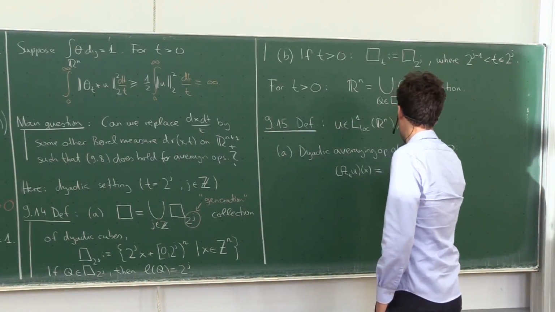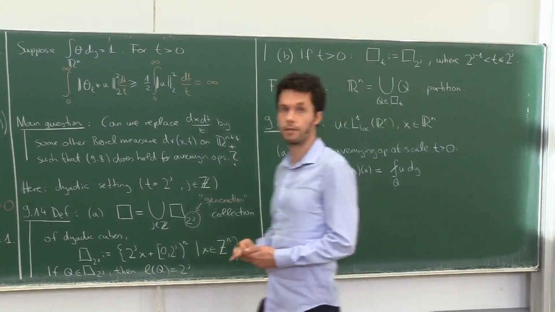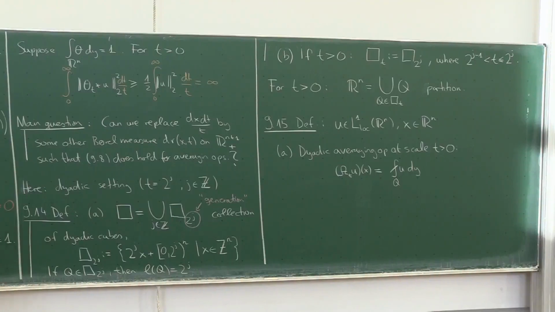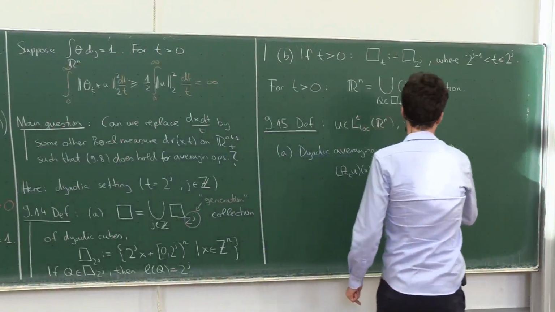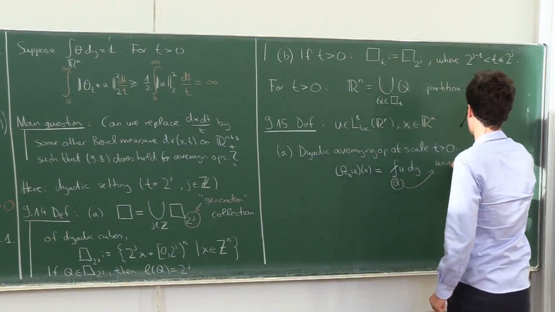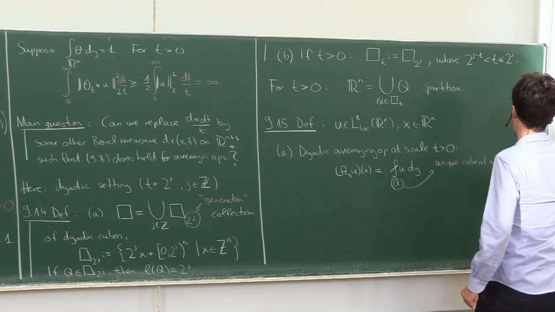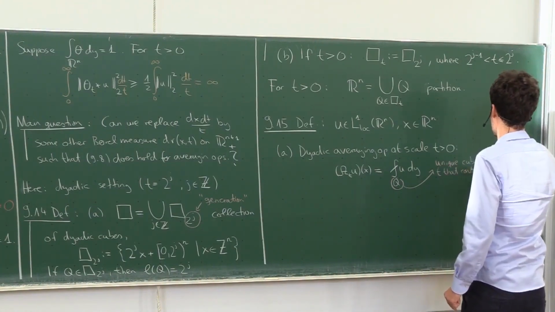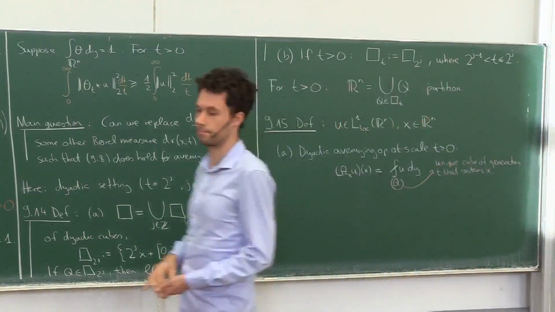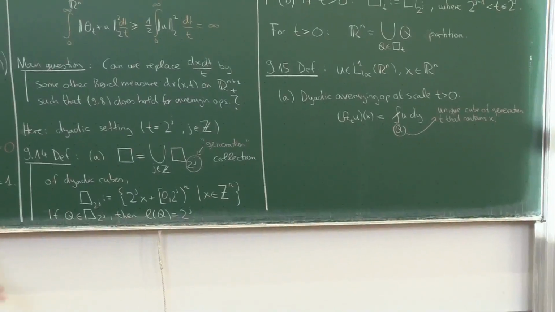It's the average of u on some cube, and the only thing I have to tell you is which cube. Because I work at scale t, this Q is the unique cube of generation t that contains x. That's it. There's only one, so you take the only reasonable one.